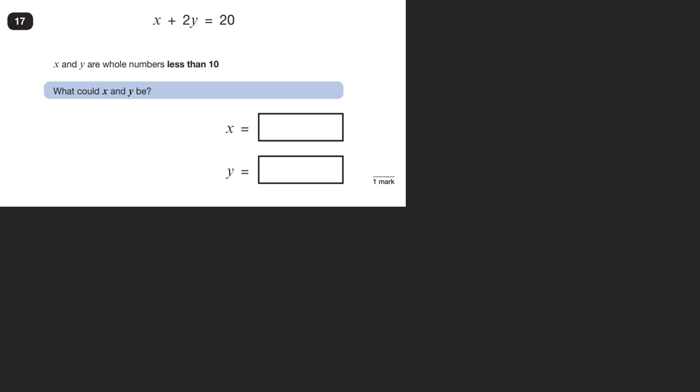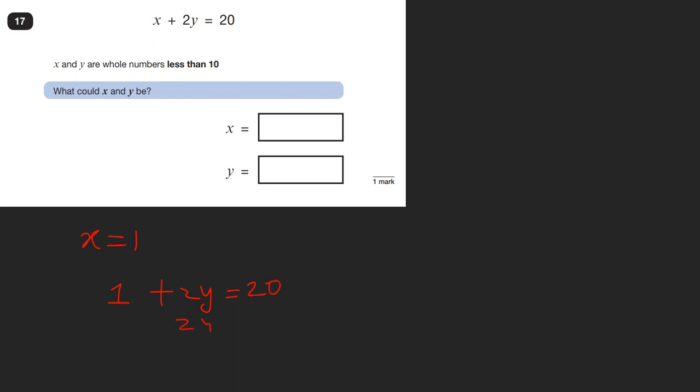Question number 17. x plus 2y equals 20. x and y are whole numbers less than 10. What could x and y be? You can use any numbers. The answer for this question can be anything. Let's say if x equals 1, if I put 1 plus 2y equals 20, right?